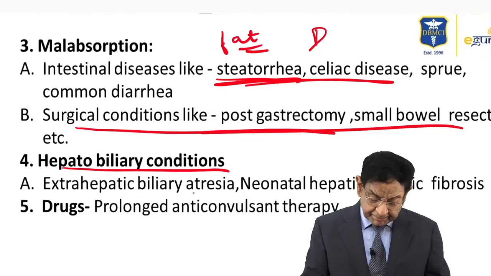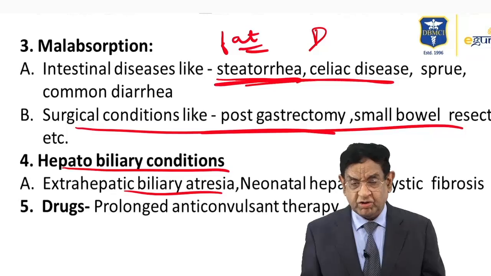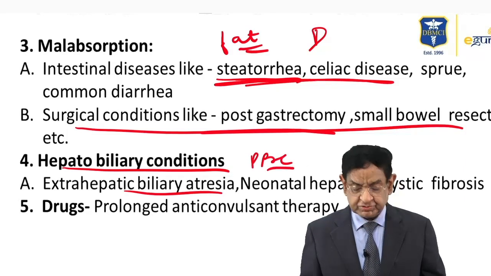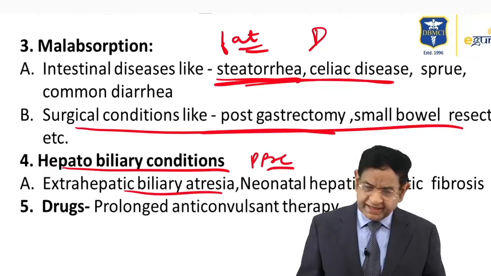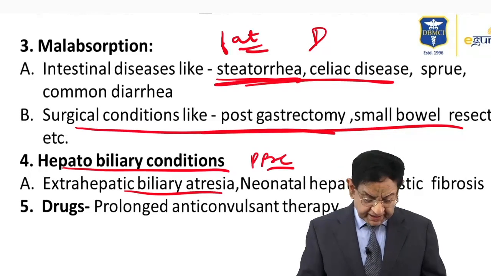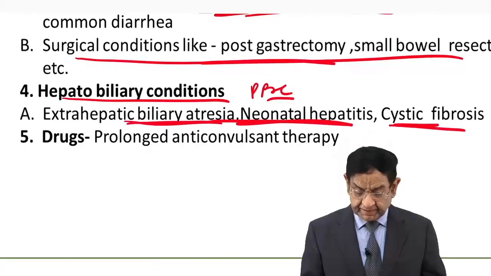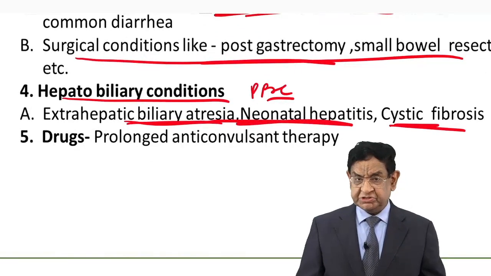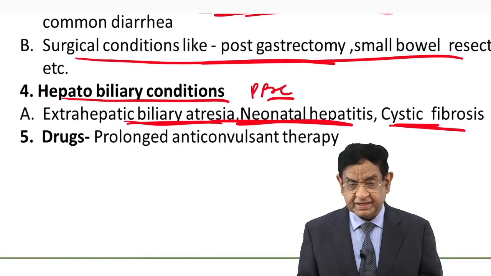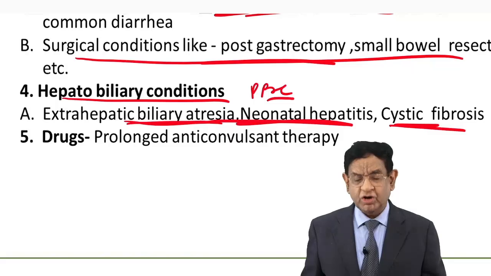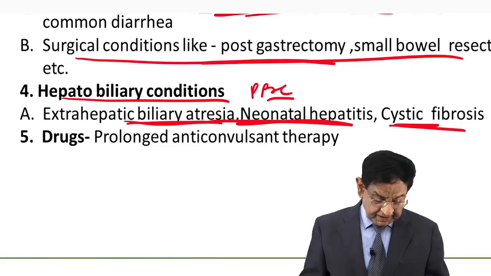Hepatobiliary conditions like extrahepatic biliary atresia or maybe primary biliary cirrhosis will all lead to steatorrhea. Any condition, maybe in children, like extrahepatic biliary atresia, neonatal hepatitis or cystic fibrosis, can cause vitamin D deficiency, which can lead to rickets, but these diseases in the adult lead to osteomalacia.